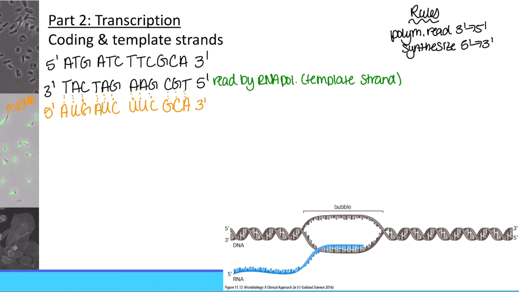Now, when we've been talking about the codon table, we've been saying that the genetic code is really taking DNA and changing the T's out with U's so that we can then use those to figure out what the codons are. Well, let's take a look at our mRNA. Isn't this mRNA exactly this top strand of DNA, except taking those T's and switching them out with U's? We've got AUG, ATG here. We have AUC, ATC, and so on. So this top strand is identical to the mRNA, and we call this the coding strand.